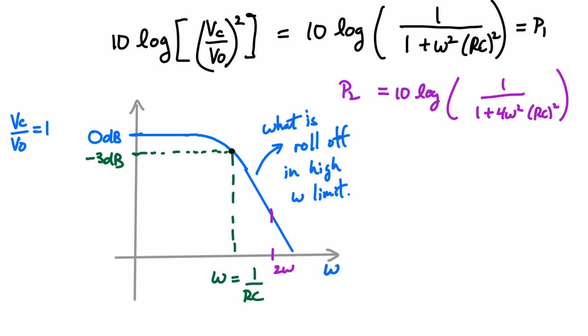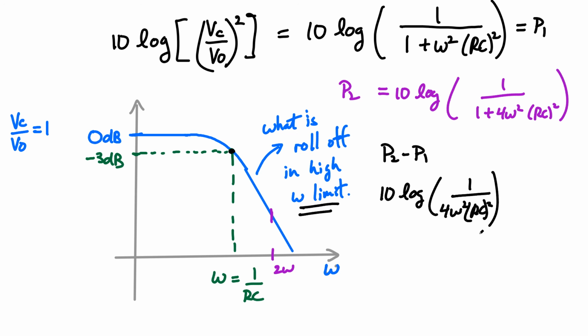Let's figure out how much lower. Let's take the difference between both of those, so you get P2 minus P1. Again, in the high frequency limit, we can forget about that number 1. So P2 is simply going to be 10 log of 1 divided by roughly 4 omega squared RC squared, and minus 10 log of omega squared RC squared.